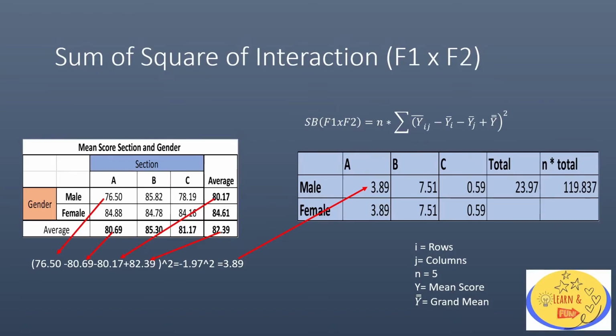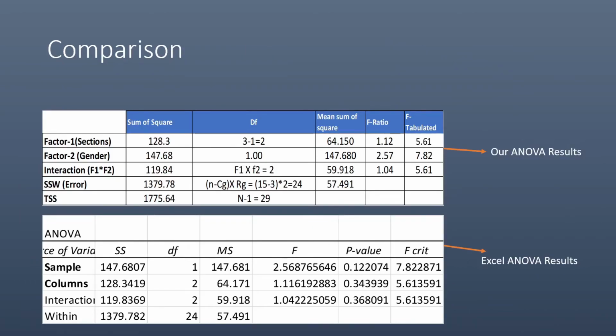Likewise you can find the same for other numbers, and like this you will get 6 numbers, and these 6 numbers are added, and once you add all these 6 numbers you are getting the value as 23.97. This 23.97 is multiplied with the number of members in each group, which is equal to 5. So just multiply by 5 and you are getting the value as 119.84 basically.